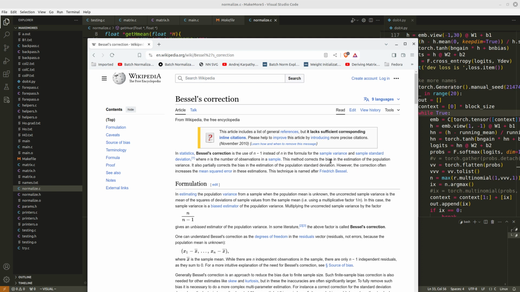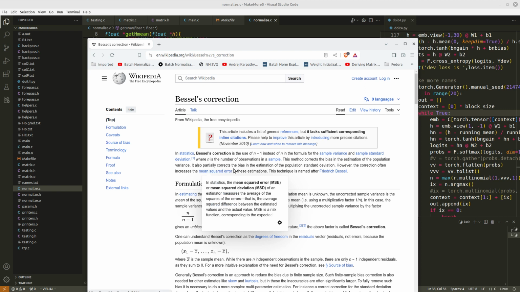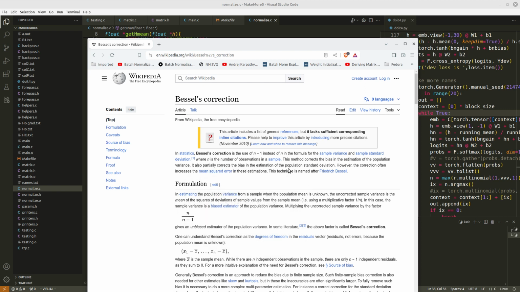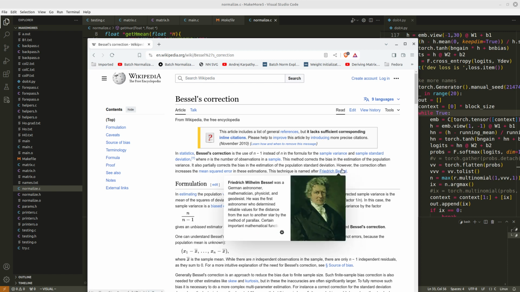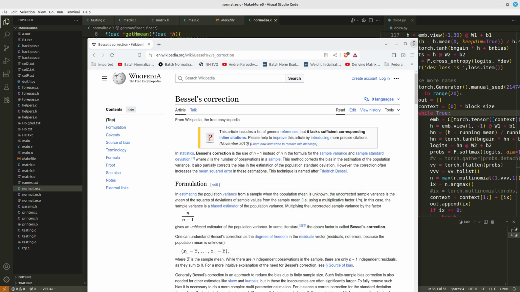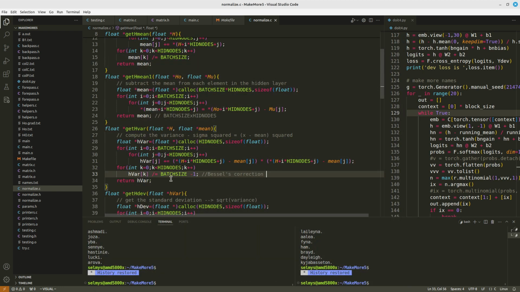This method corrects the bias in the estimation of the population variance. It also partially corrects the bias in the estimation of the population standard deviation. However, the correction often increases the mean squared error in these estimations. This technique was named after Frederick Bessel. So that's why, instead of dividing by n, we're dividing by n minus 1 here.